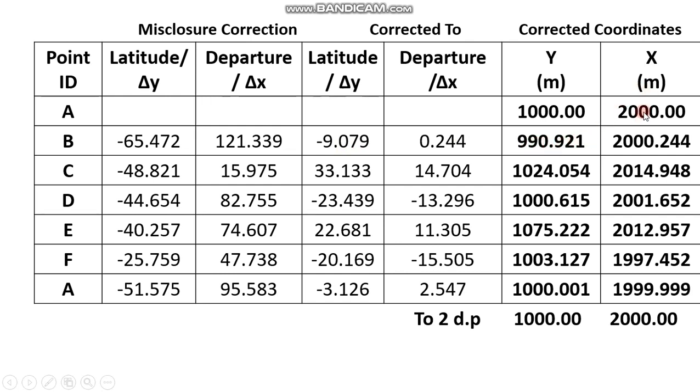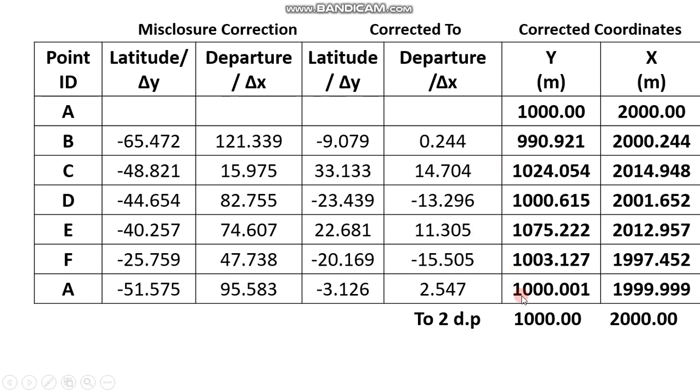For the x coordinate, we say 2000, the x coordinate of A, plus 0.244, delta x for B. We find 2000.244. Then we do that same procedure for the rest of the points.